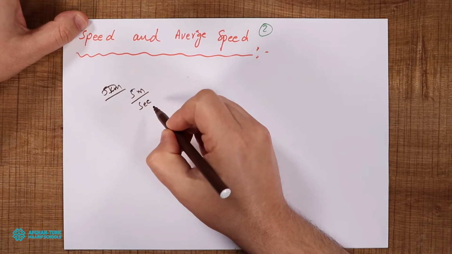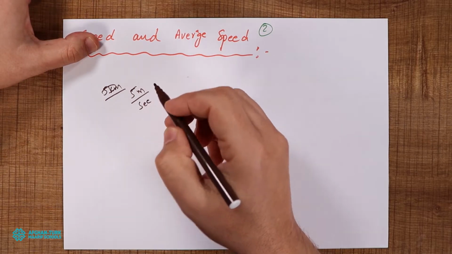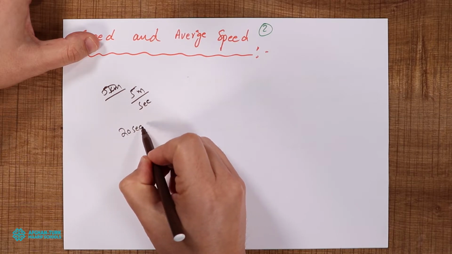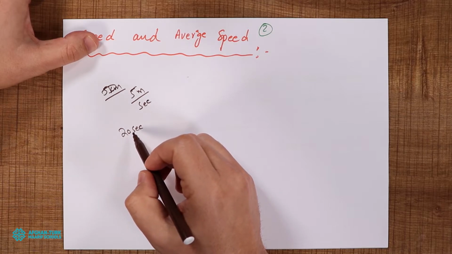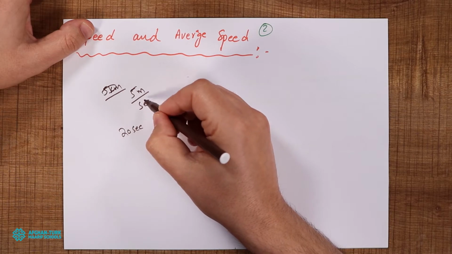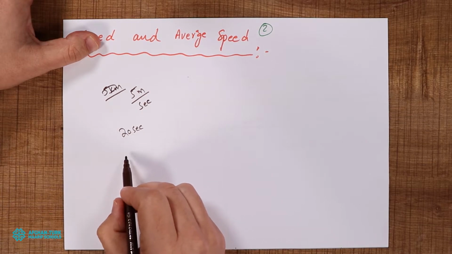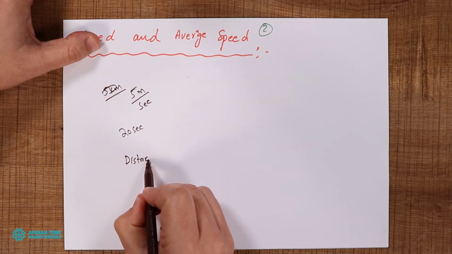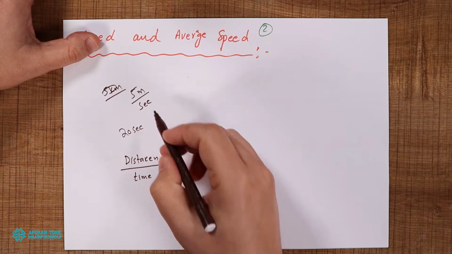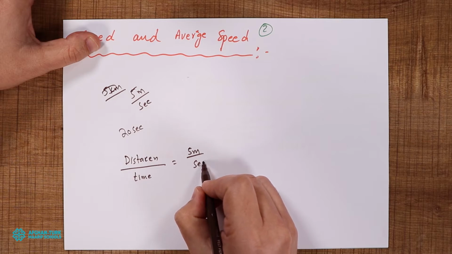How can we find the distance covered after 20 seconds if the speed is 5 meter per second? Very simple, the formula of speed is distance divided by time, which is equal to the rate given, 5 meter per second.